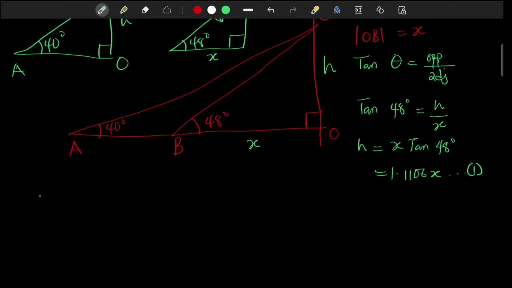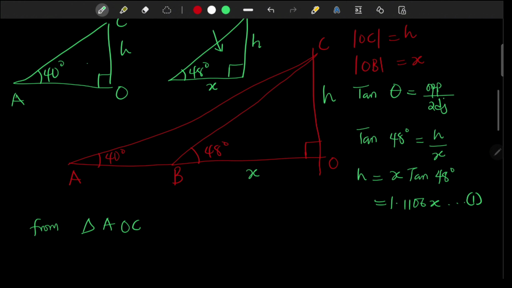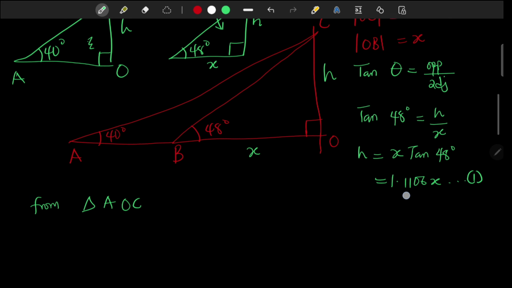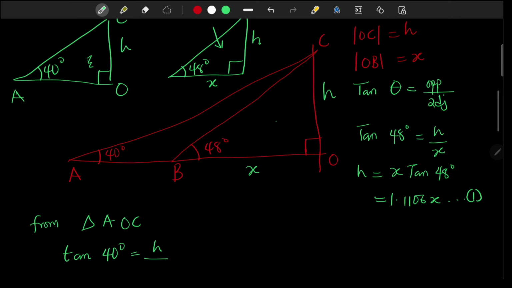We're going to take from triangle AOC, that's this triangle right here. I could still use tangent, so tan 40 degrees is equal to H all over. Now AOC is this big triangle here.